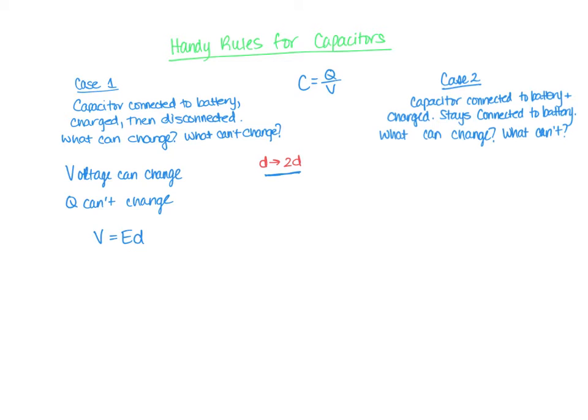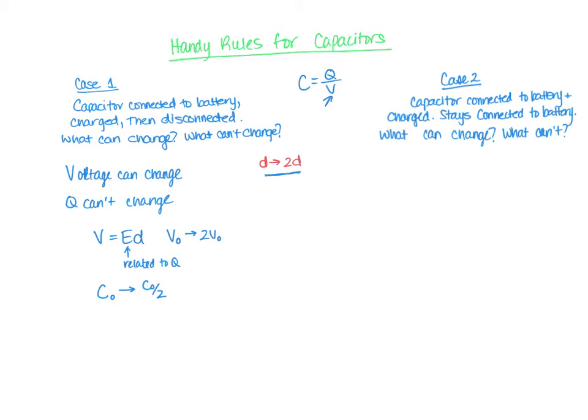The electric field is related to the charge on the plates, so the electric field isn't going to change. Obviously, we're changing the distance. So our voltage will go from its original value to twice the original value because of the increased distance. What this will do is make the capacitance go from the original value to 1/2 of that value.